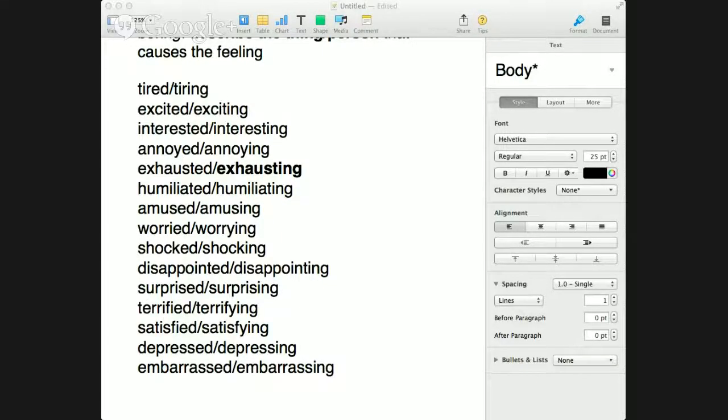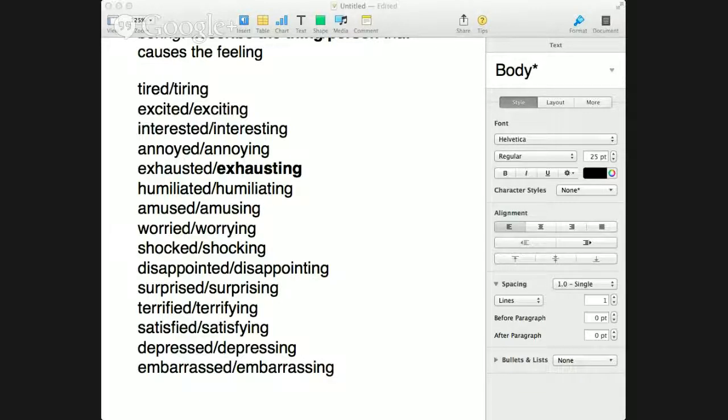They were exhausted. Yes, but could you try to use the ing version rather than the ed? Exhausting, not exhausted. Okay. They was exhausting. Okay, good.